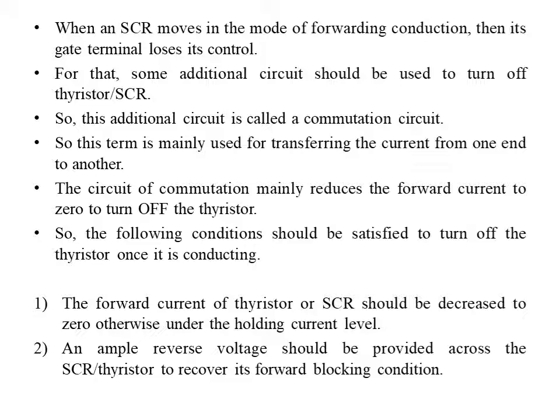Second, an ample reverse voltage should be provided across the thyristor or SCR to recover its forward blocking condition. That means a negative voltage should be applied across the gate terminal. Then only can we bring the current to zero and bring the thyristor or SCR to the off state.